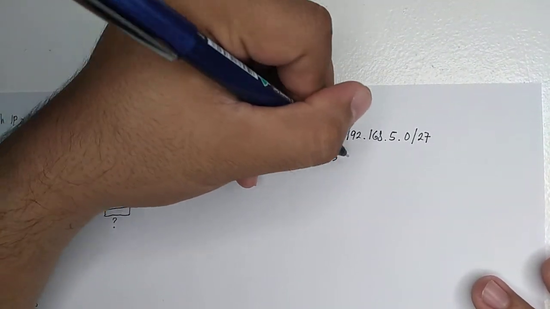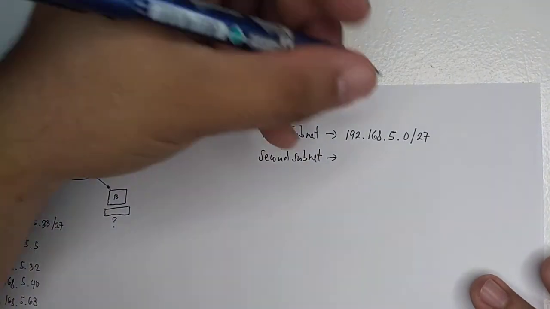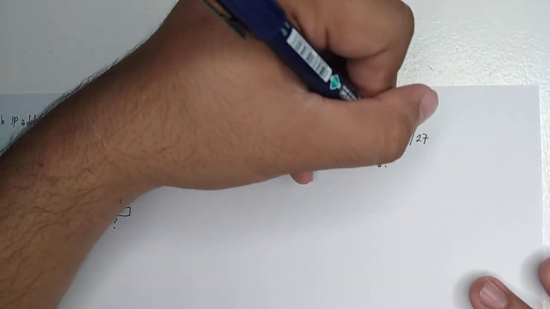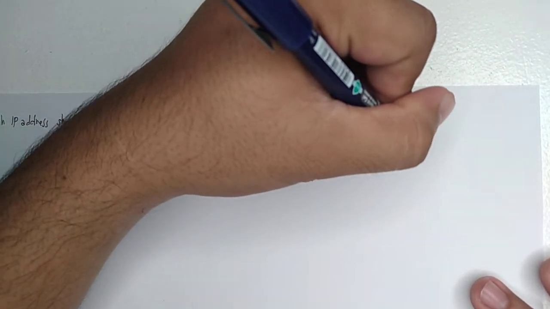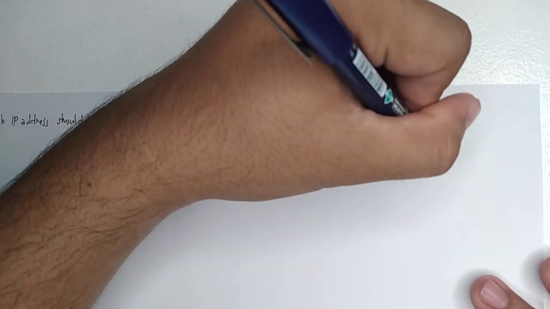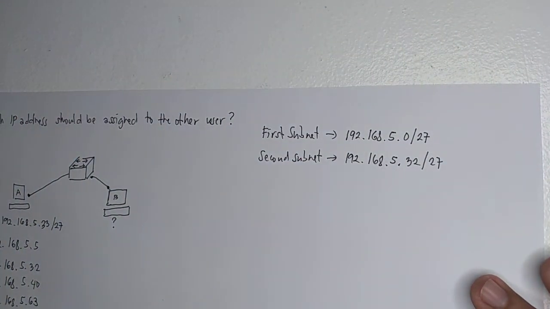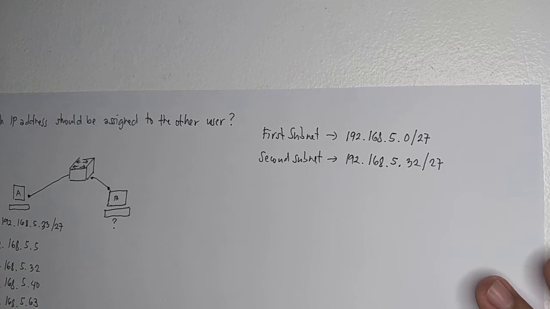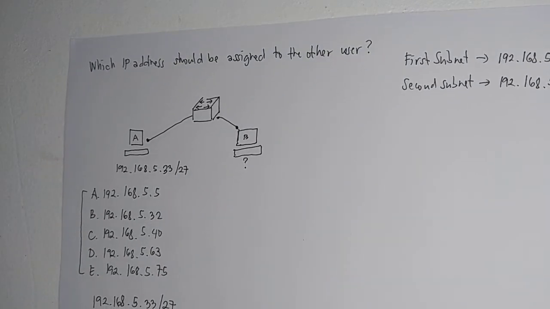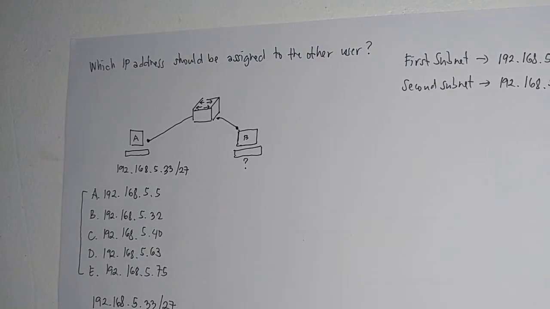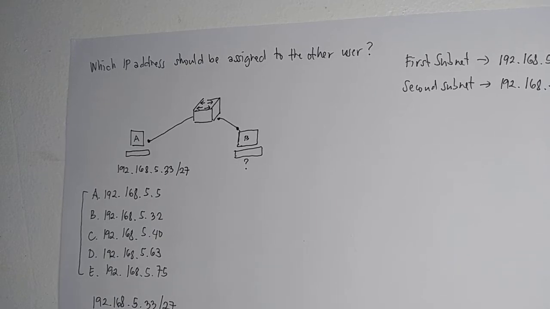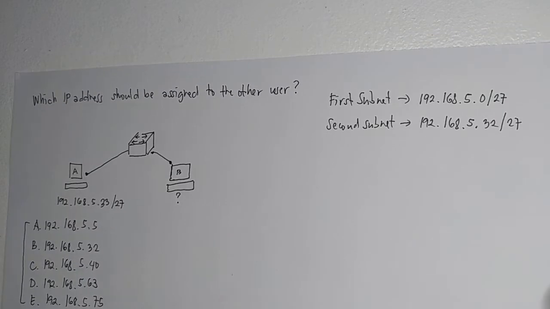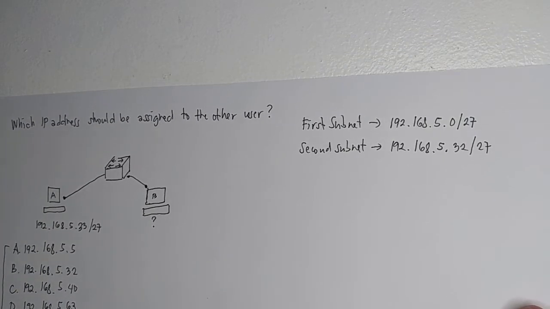What could be the second subnet? From the hop count, we have 192.168.5.32/27. Is it part of our given? Yes, it is part of our given. But the question is, is it correct? Let's continue working.